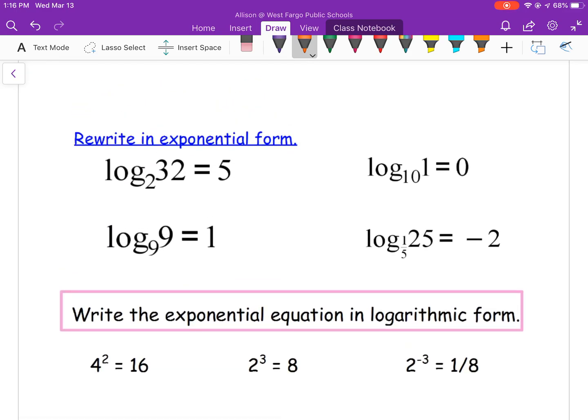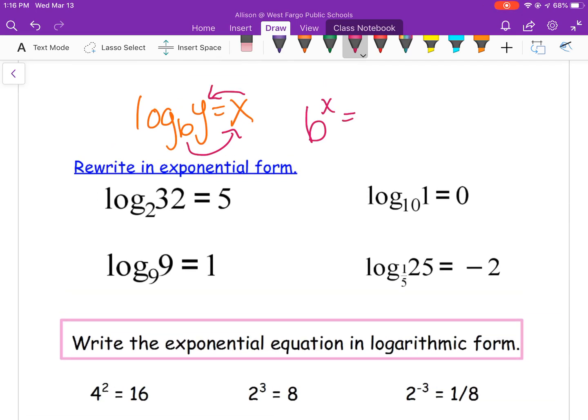So just practicing going from log base b of y equals x, it's going to be b to the x power equals y. I do this little circle here, b to the x equals y. So b is the base in both. So this one would be 2 to the 5th power equals 32, and that's true.